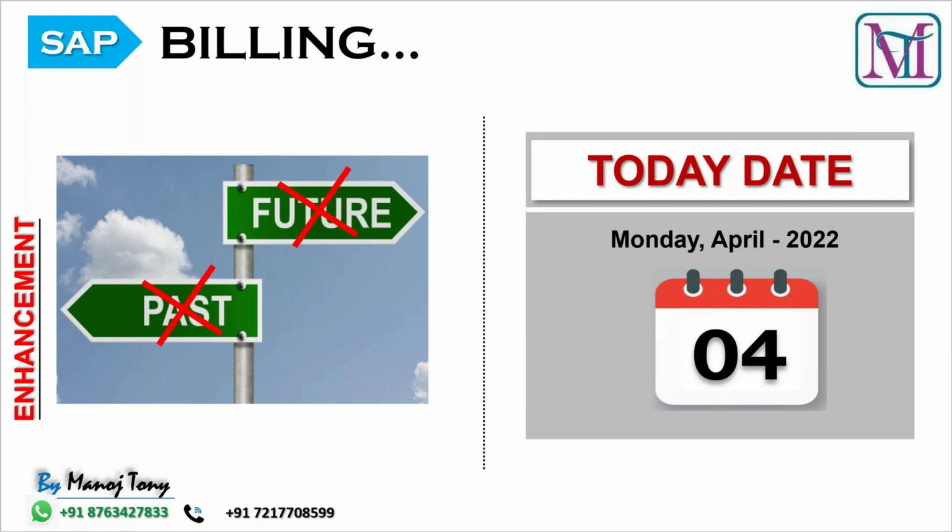So as per the client requirement, the system should not allow creating an invoice on a past date or a future date. Before the enhancement, we have to cross check whether the system will allow creating an invoice if the billing date is a future date or past date.